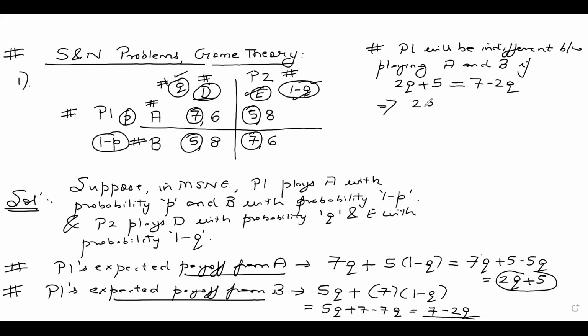I can solve for Q. So 2Q plus 2Q is equal to 7 minus 5, which implies 4Q is equal to 2, which implies Q is half.